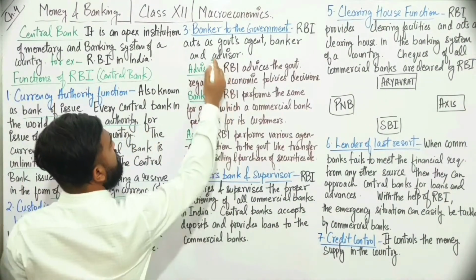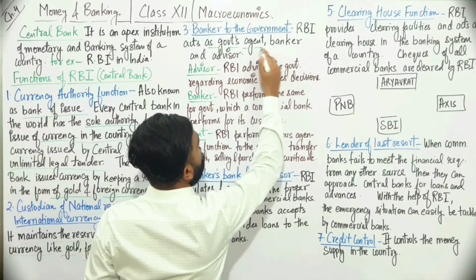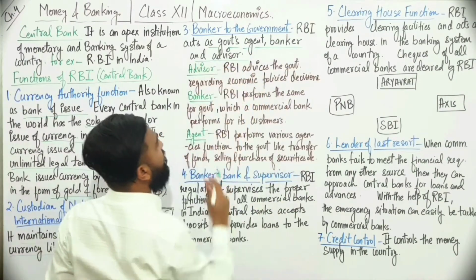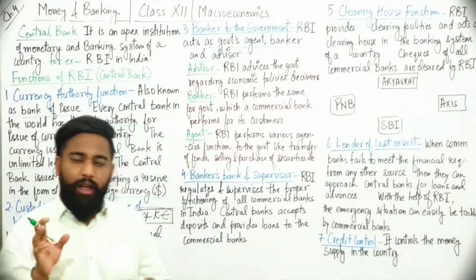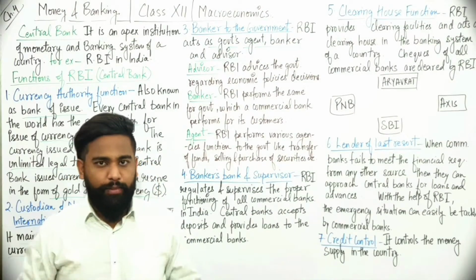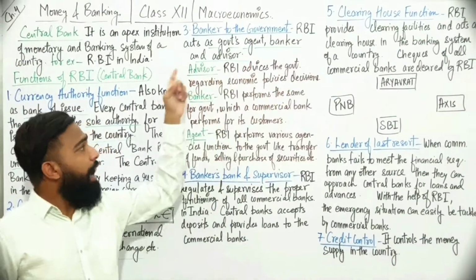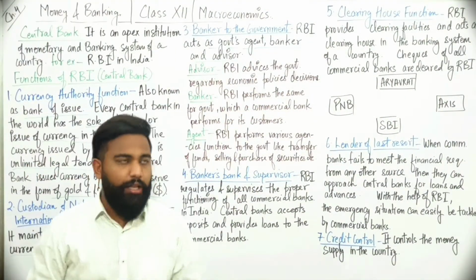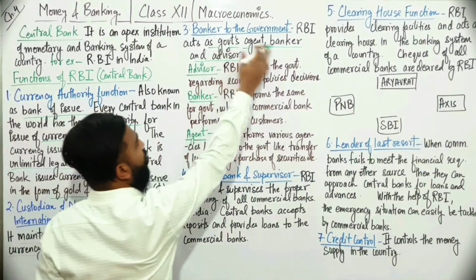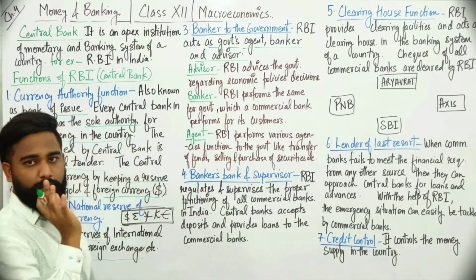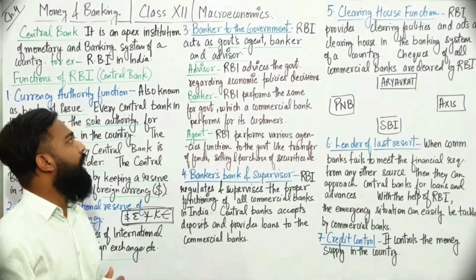RBI acts as the government's agent, banker and advisor. So RBI acts in 3 roles: agent, banker, advisor of the government. Now let's understand all these 3 things which the central bank performs for the government.